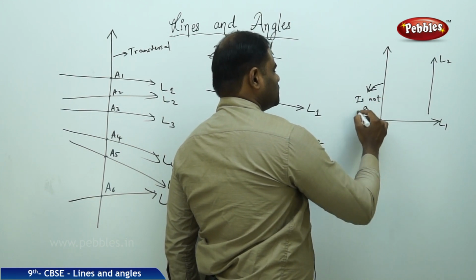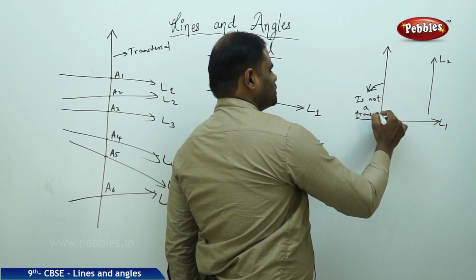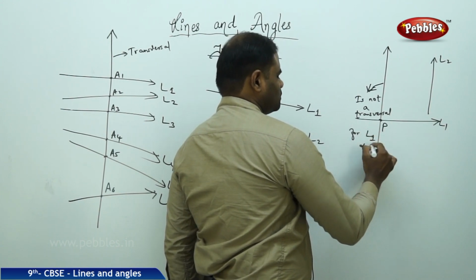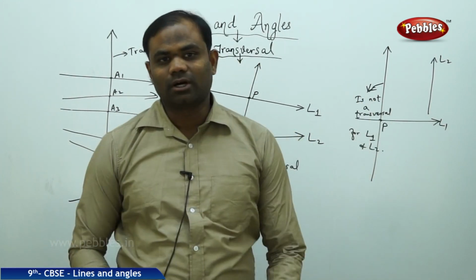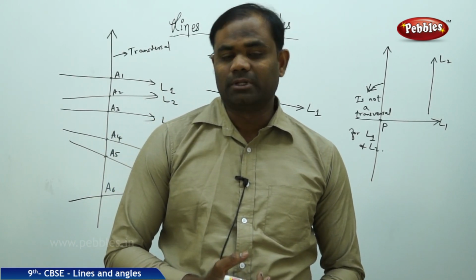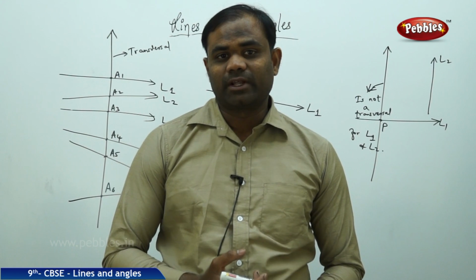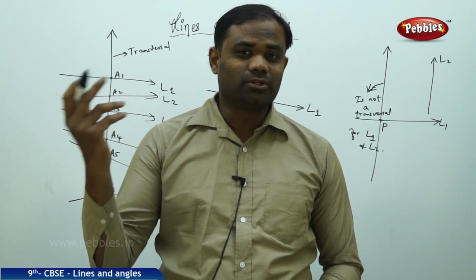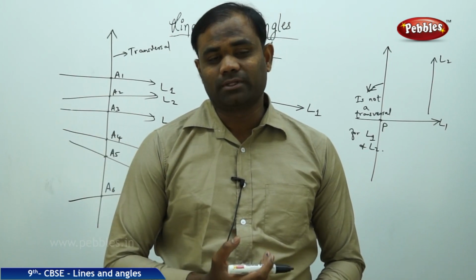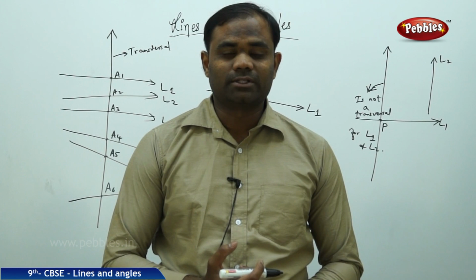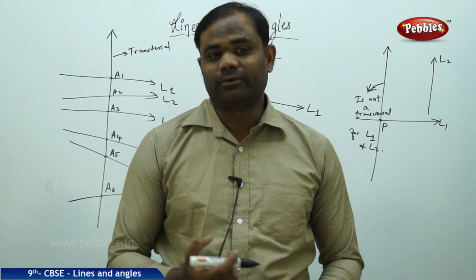It is not a transversal for L1 and L2. This is how we understand the transversal property in mathematical understanding. Transversal is a line which cuts more than two lines at 2 distinct points or at all distinct points. This is how we understand transversal in geometry.